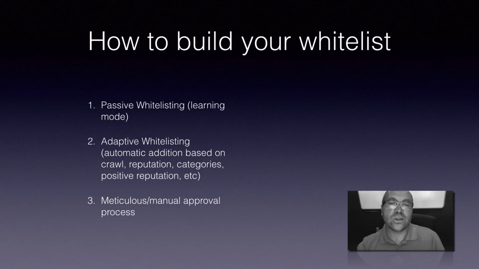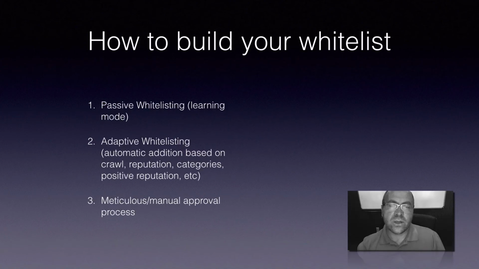Number two, you can use adaptive whitelisting as you go, which works by auto whitelisting domains and their dependencies based on a single level crawl, as long as the domain is a legitimate business category, has an actual positive reputation with our own threat intelligence, and there are no current concerns with Google Safe Browsing. The third one is that you can take a meticulous approach and manually approve each request. So those are the three methods for building your own whitelist.